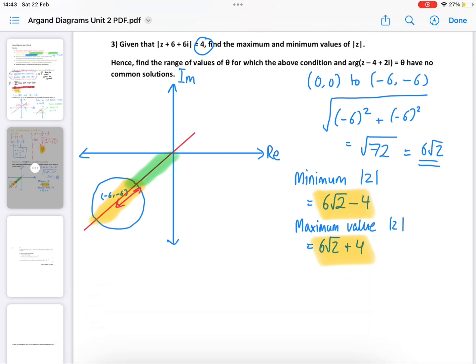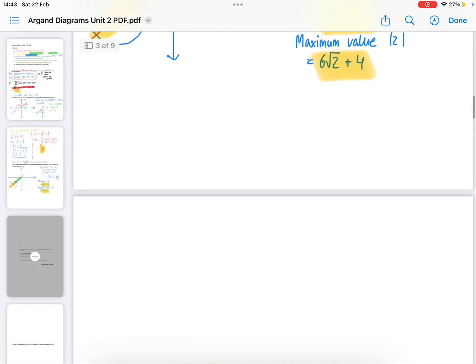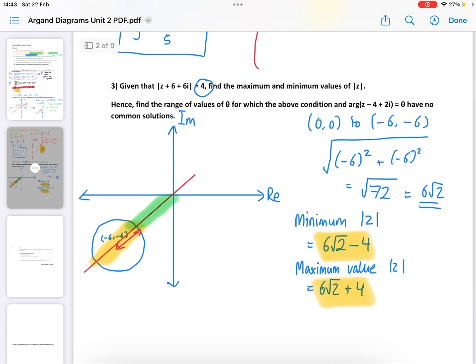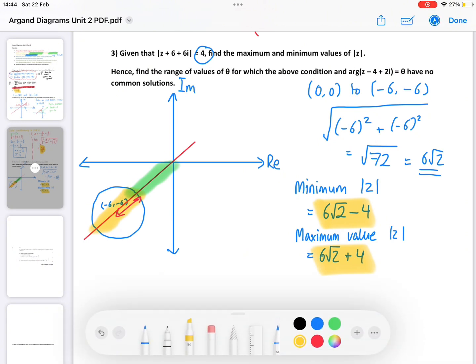The next part of the question is slightly more complicated. It asks us to find the range of values of theta for which the above condition and arg of z minus 4 plus 2i equals theta have no common solutions. So the first thing I'm going to do is add to the diagram.